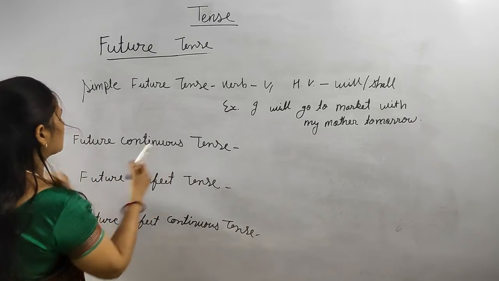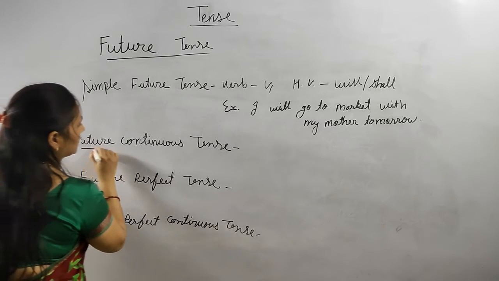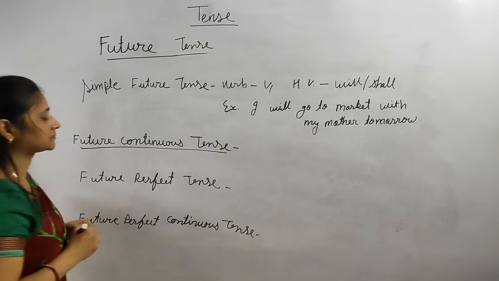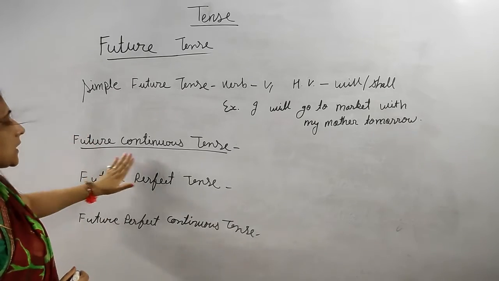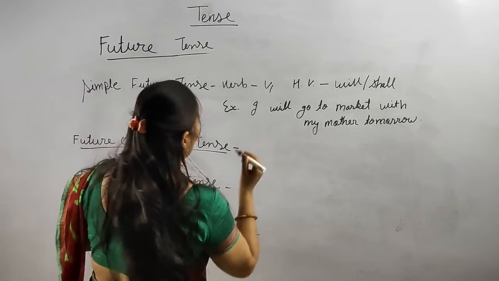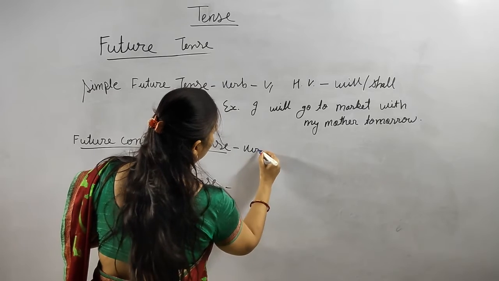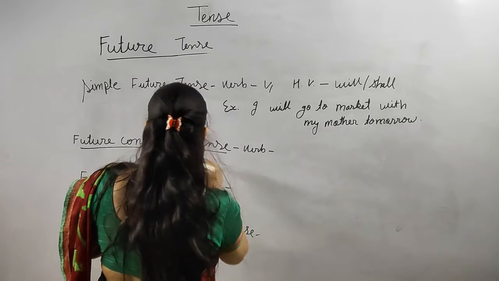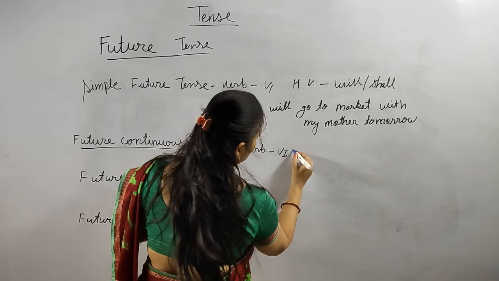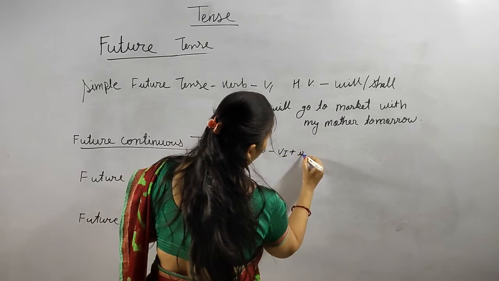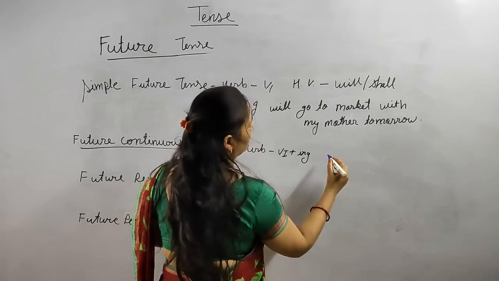Now look at the future continuous tense. Again, as it is continuous, we will talk about the verb and the helping verb. Which verb we will use? First form of verb plus ing form.